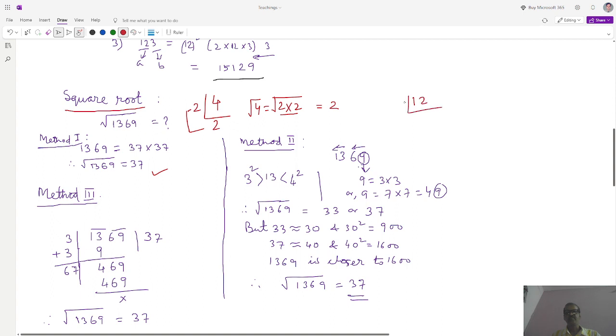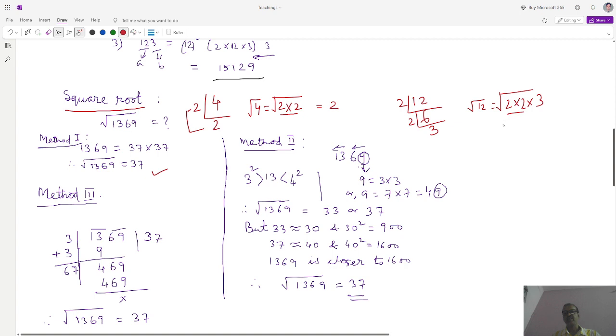Any number, like 12, we have to break into its prime factors. Then what will we get? Root over 12 equals root over 2 into 2 into 3.